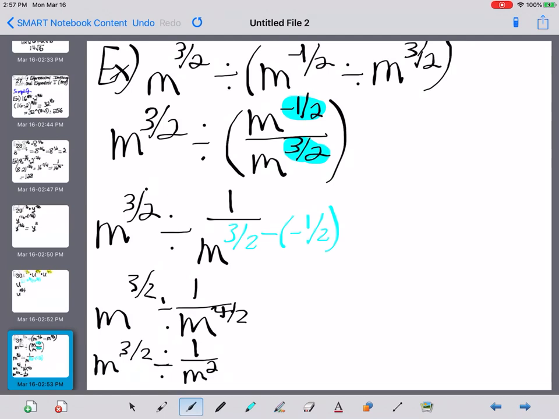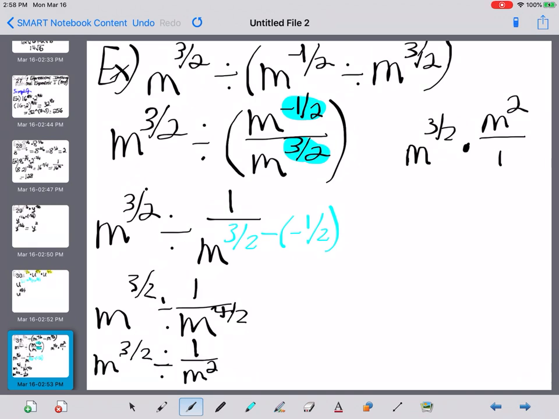Okay, so this one brings back another skill from a long time ago. If I'm dividing fractions, a good way to make it easier is to simply multiply by the reciprocal. So we're going to have m to the 3/2, and we're going to multiply by m to the 2nd over 1.